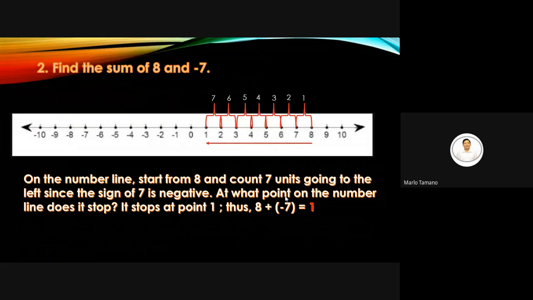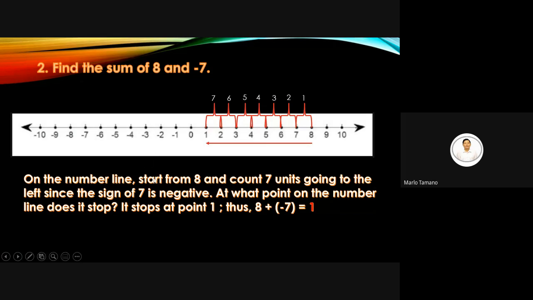Number 2, find the sum of 8 and negative 7. On the number line, start from 8. Since the other addend, the second one, is negative, you move to the left 7 places.